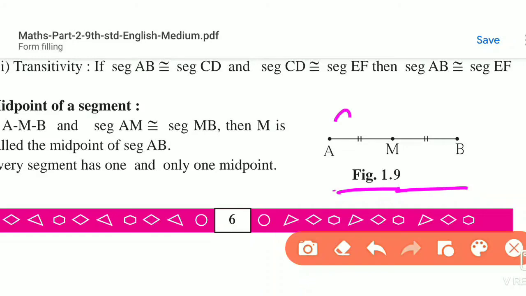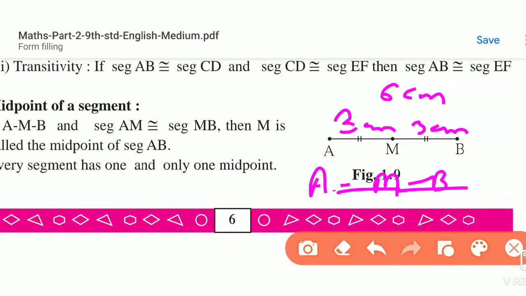Suppose the whole length AB is 6 cm, and AM is 3 cm, and MB is also 3 cm, then we say that M is the midpoint of seg AB.